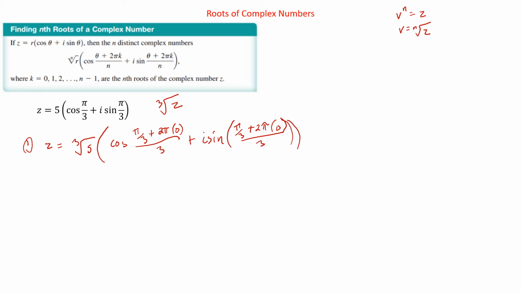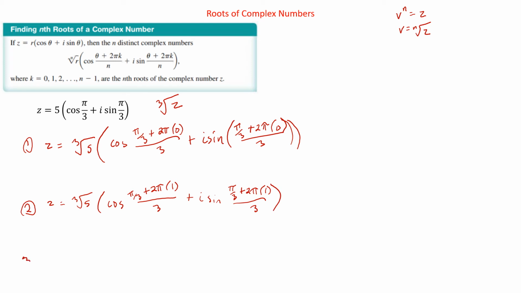We'll do our work here in a second. The second one will have the cube root of 5, then cosine of pi over 3 plus 2 pi times 1 over 3, plus i sine of pi over 3 plus 2 pi times 1 over 3.